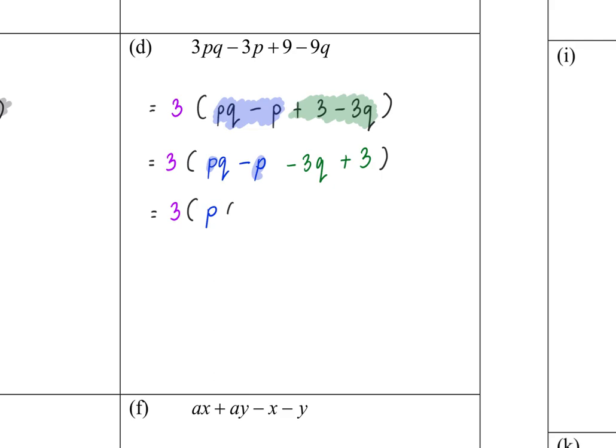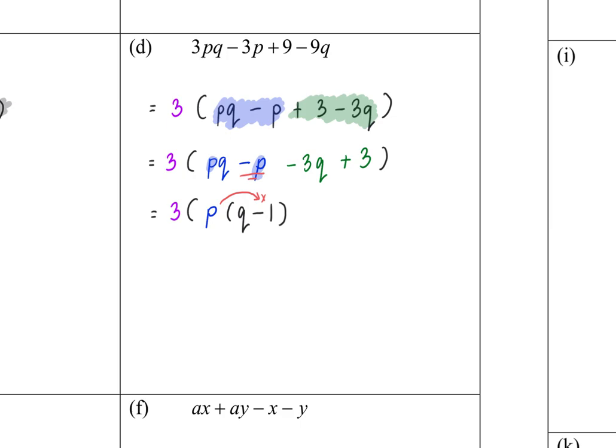There is this. I'm left with q minus 1. Yes, because p times negative 1 will give me back my negative p.